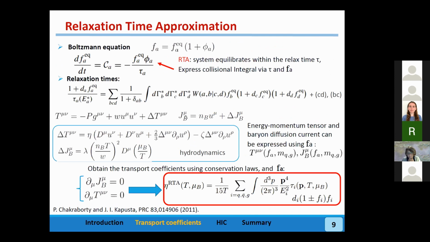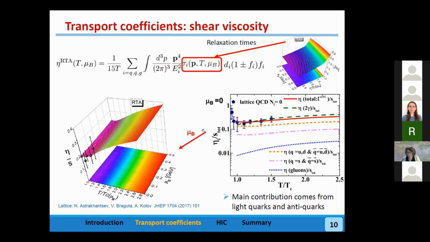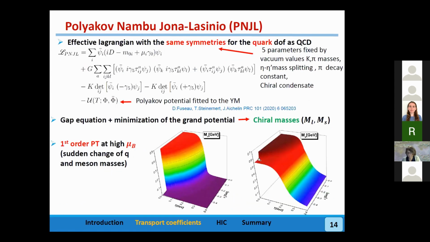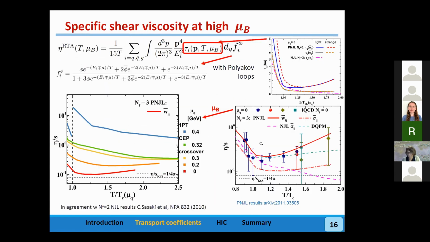Later we compared results for the Polyakov loop Nambu-Jona-Lasinio model. The results are shown for the Polyakov loop Nambu-Jona-Lasinio model as the red line, and for DQPM as the dotted green line. You can see that in the vicinity of the phase transition, they are really very close.